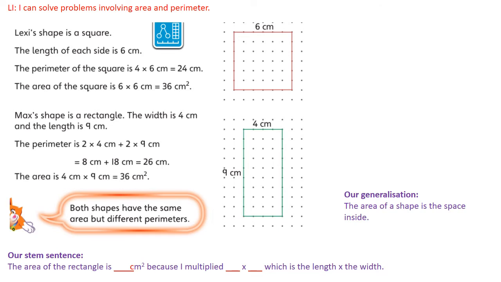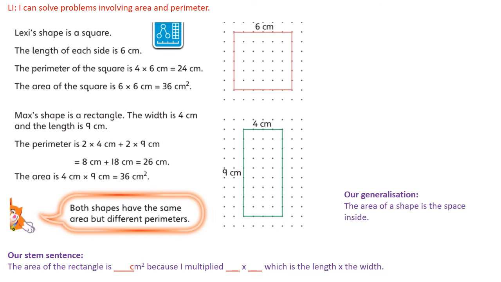And then we've got 2 lots of 9 centimetres, so we do 2 times 9, and we add our answers together. So 8 plus 18 will give us 26 centimetres. So the perimeter of Max's shape is 26 centimetres.